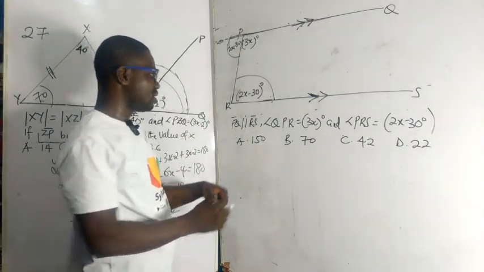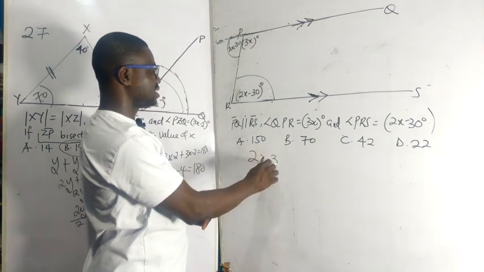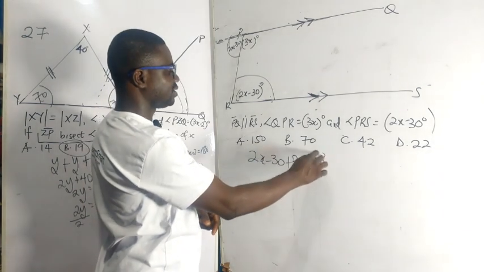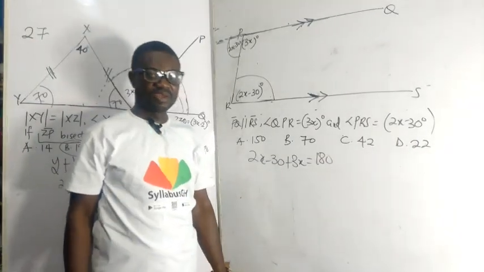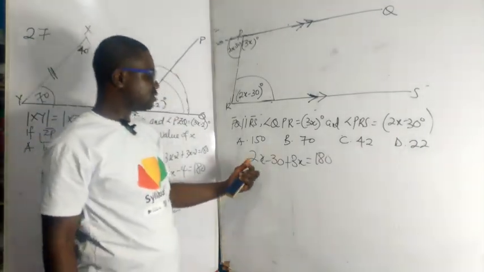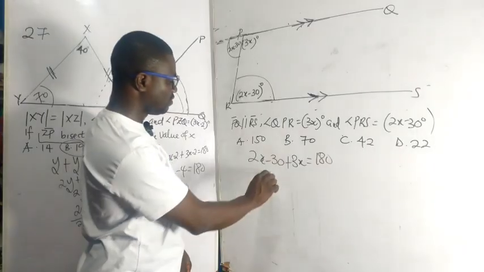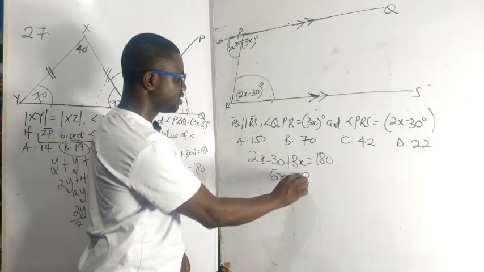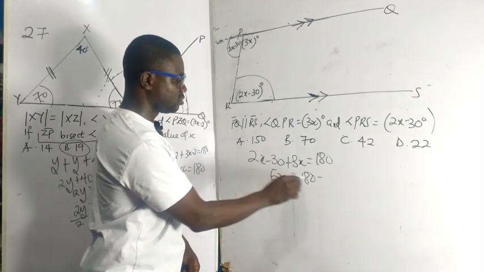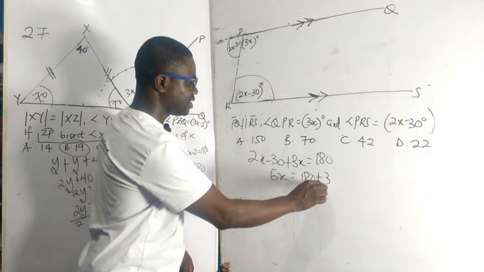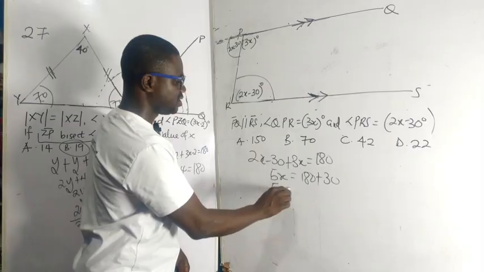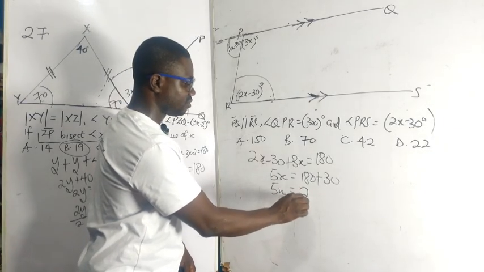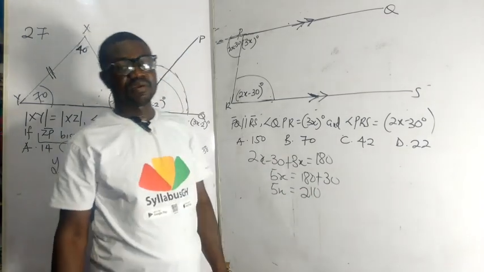So let's simplify that. We have 2x minus 30 plus 3x is equal to 180 degrees. 2x plus 3x will give you 5x. Now 5x is equal to 180, and minus 30 becomes plus 30, so 5x is equal to 210.